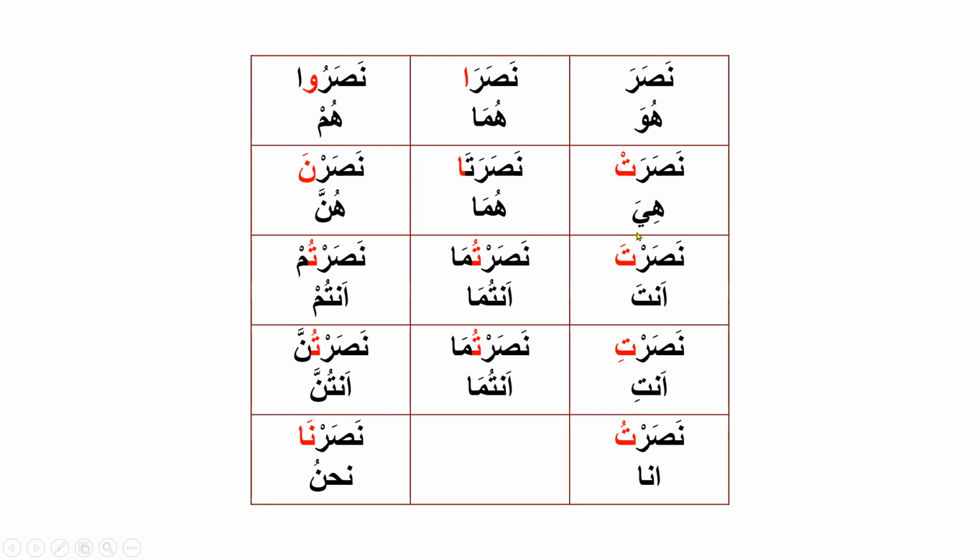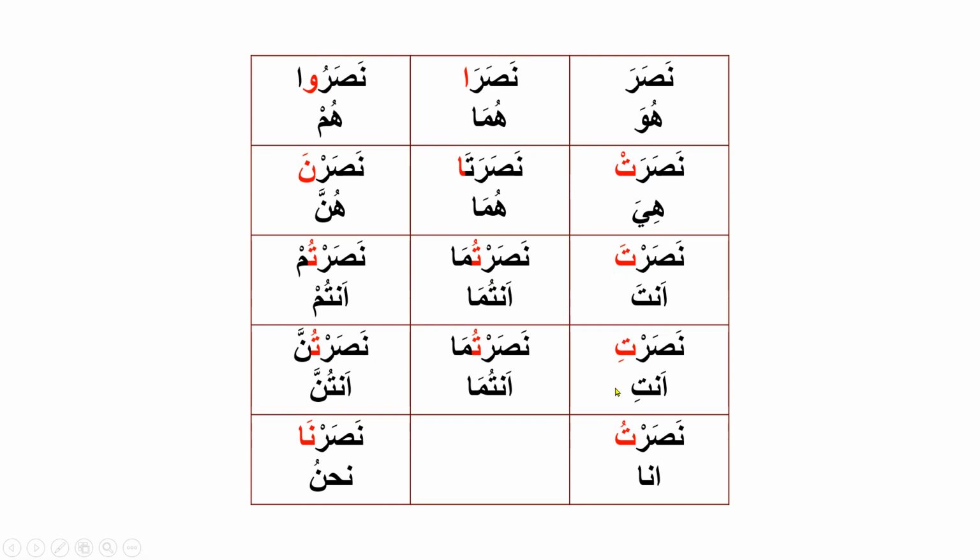Mind that when we are conjugating any verb, a sukoon, a dhamma, a fatha, a kasra, they are all very important, because a single fatha, a single dhamma, a single kasra, a single sukoon can change the whole word pattern.